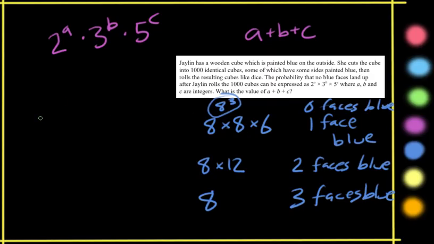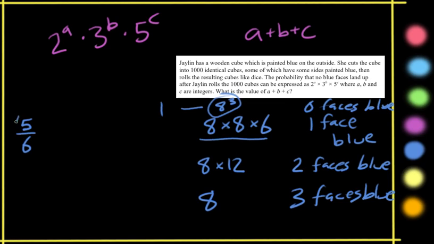And what we want to know is the probability that no blue faces land up. So for those ones, the probability is just 1. But then for these ones, there's these 64 times 6 ones with 1 blue face. For each one of those, the probability of not seeing a blue face land up is 5 out of 6, because 5 out of the 6 faces are not blue.